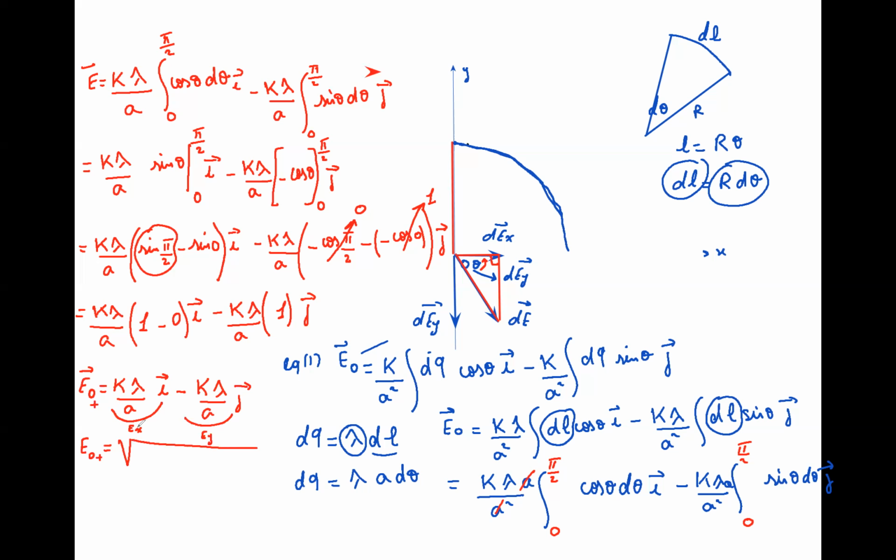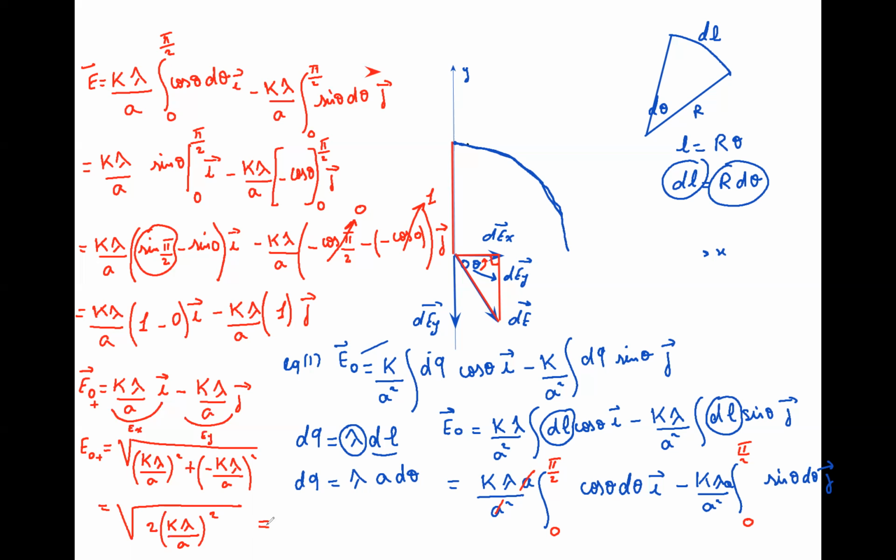So the magnitude equals Ex square, k lambda divided by a square, plus Ey square, minus k lambda divided by a square. So we have a square plus a square. You have the same quantity. You have 2a square. Okay, you can say equals 2 k lambda divided by a square.